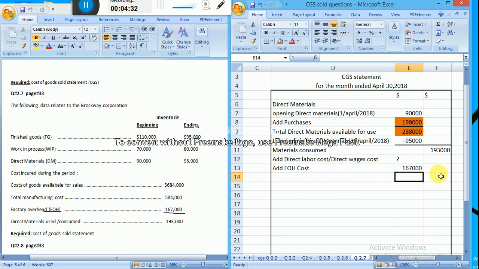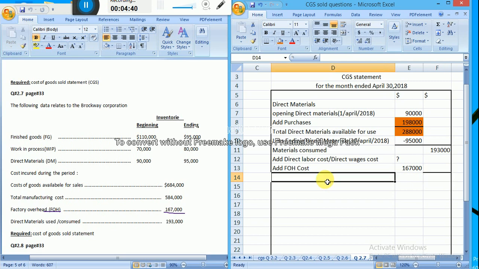Now, if we look here, direct labor cost is missing. Clear now? We will find out the direct labor cost. So total manufacturing cost.